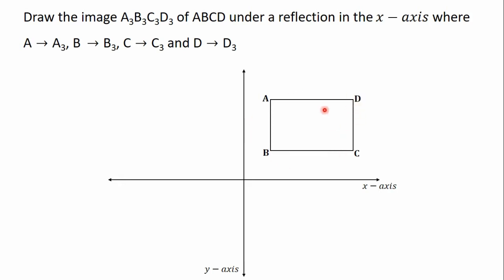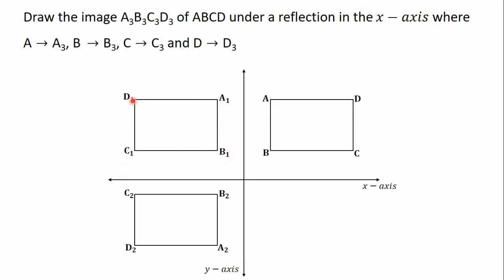Up to this point, we have drawn the rectangle ABCD. We reflected the rectangle ABCD to get the image rectangle A1, B1, C1, D1. Then we reflected the rectangle A1, B1, C1, D1 to get the image rectangle A2, B2, C2, D2. The question says that we should draw the image rectangle A3, B3, C3, D3 of ABCD under a reflection in the x-axis.